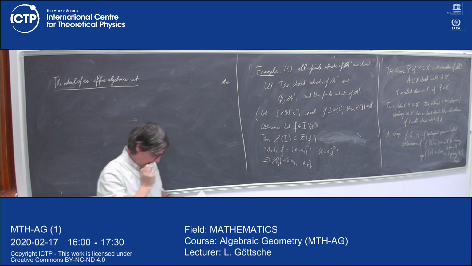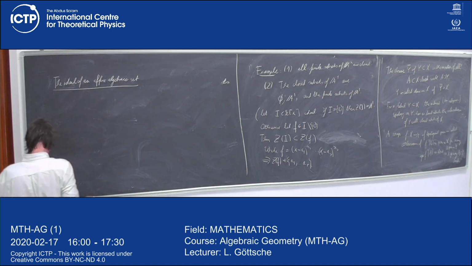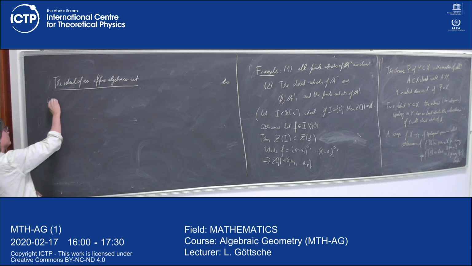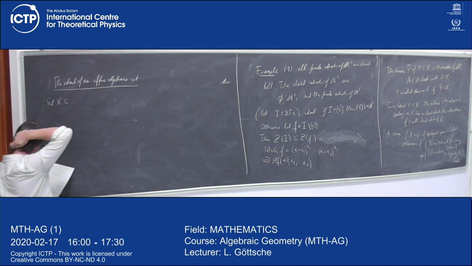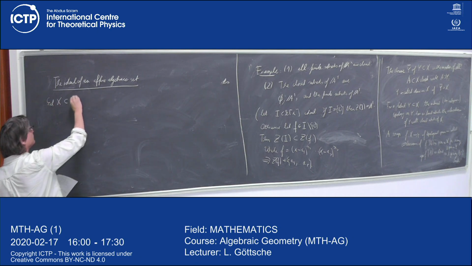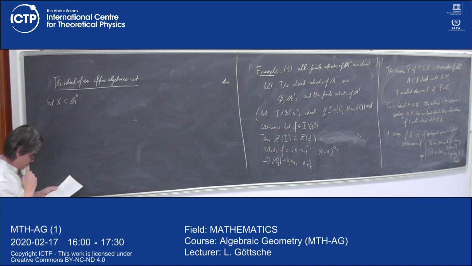So what's that? As I said, let X in A^n. In fact, I can do it for any subset to begin with, although we will finally mostly be interested in affine algebraic sets.